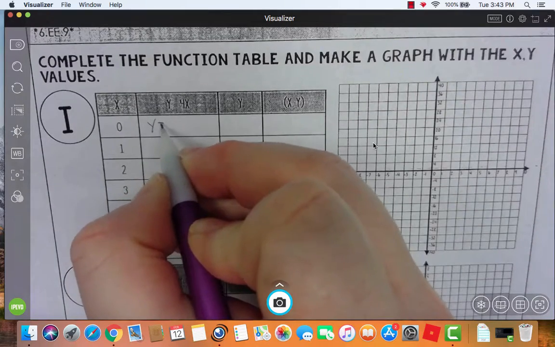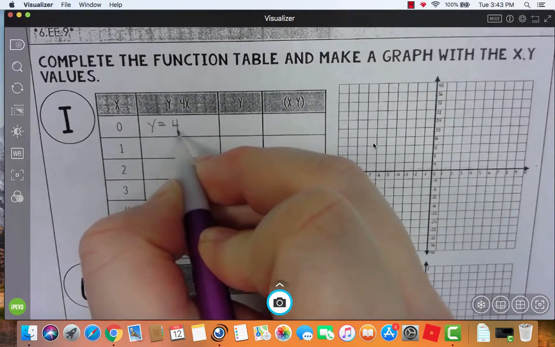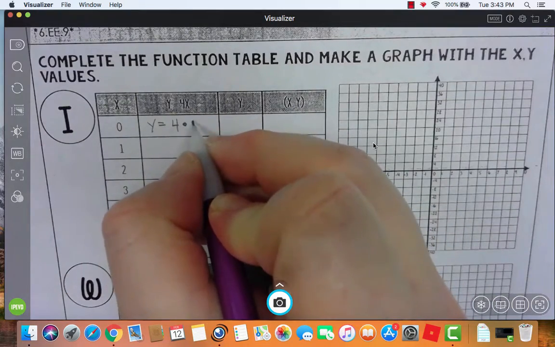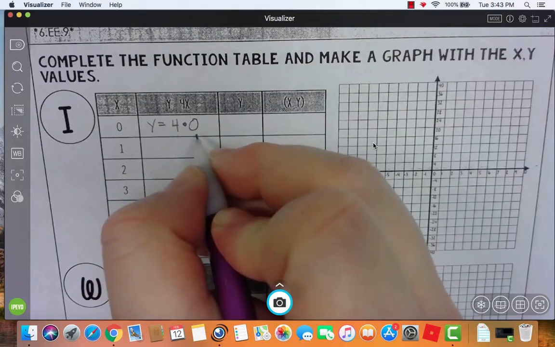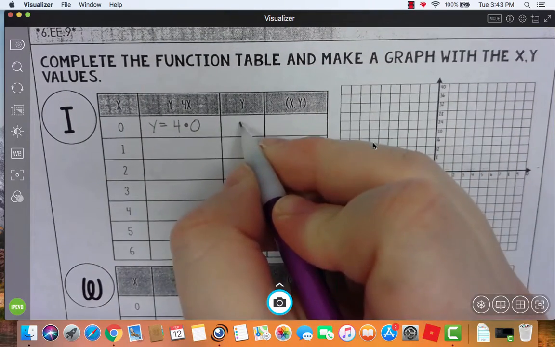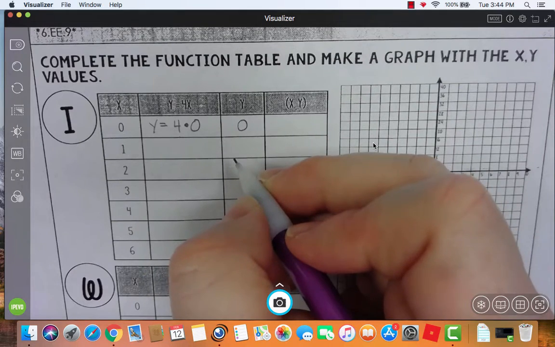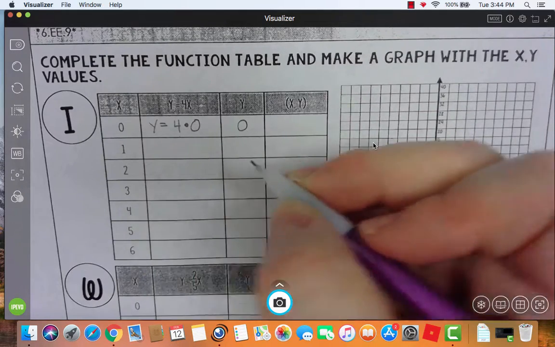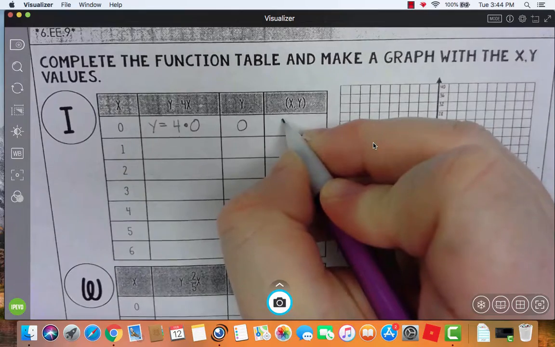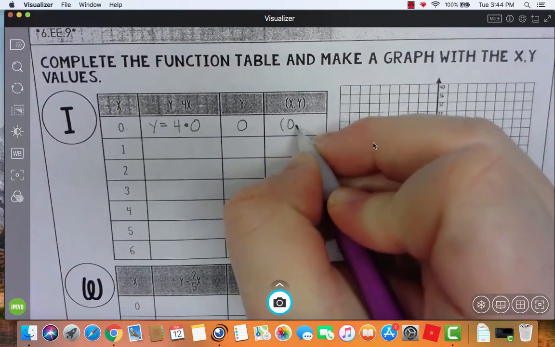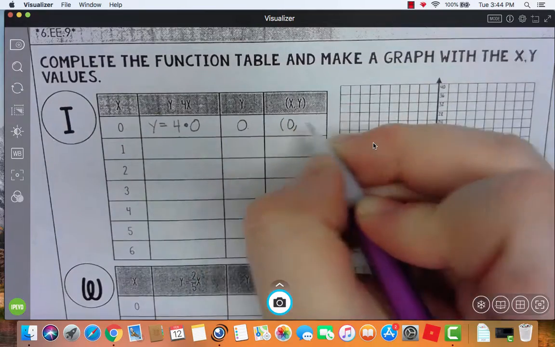Y equals 4 times 0, where x is 0. Well, 4 times 0 is 0. This gives me y, also my output. Then I'm going to write my coordinate pair. X was 0, and I found out y, my output, was also 0.